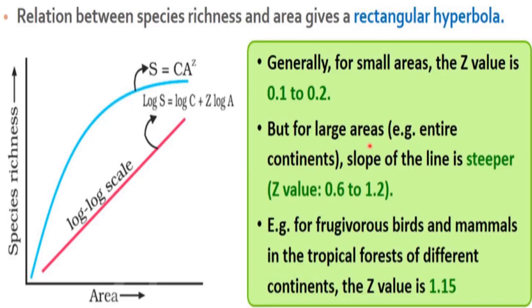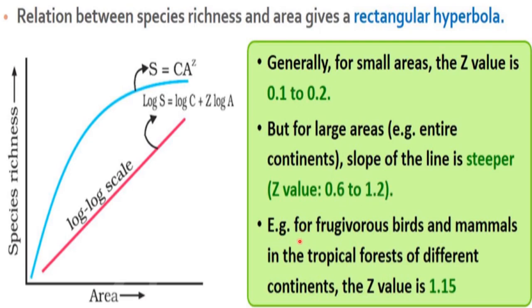For that large area, the slope of the line, or the regression coefficient, will increase. The slope of the line will become steeper and the Z value will increase. This Z value will become 0.6 to 1.2. For small areas this is the Z value, and for large areas the Z value is this. So you need to learn these Z values.